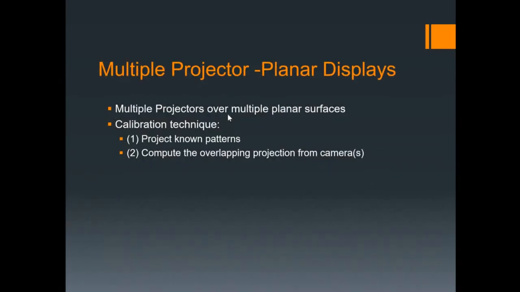So there's one concept there. The multiple projector. Okay, so this is over a planar surface, meaning flat. For calibration techniques, one is to project a known pattern, like I said earlier, a chessboard or a stripe pattern, black and white row after row, and then you completely overlap between different projectors.